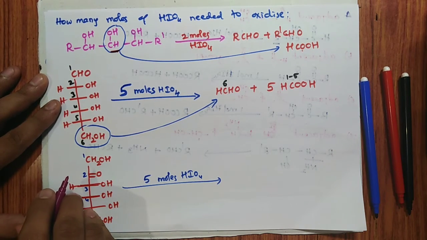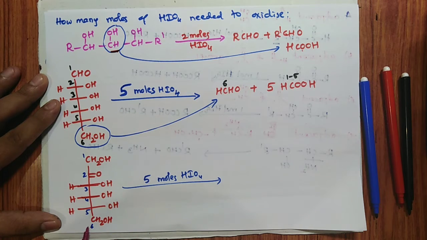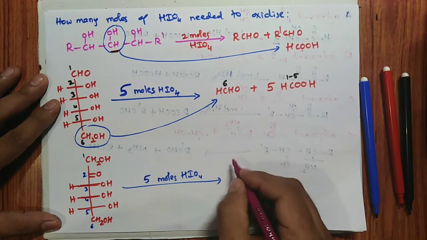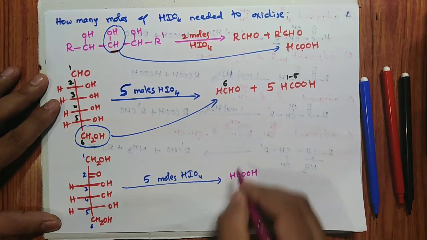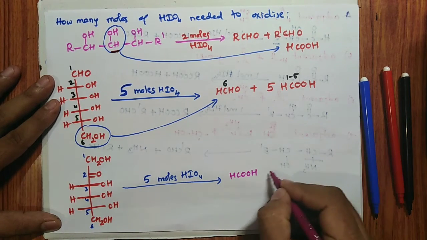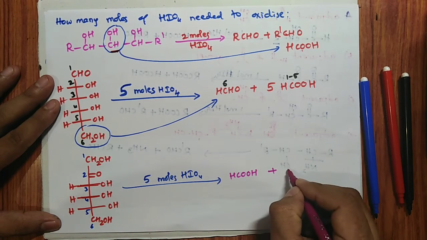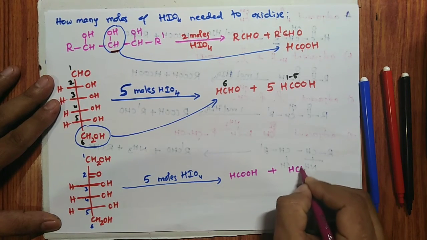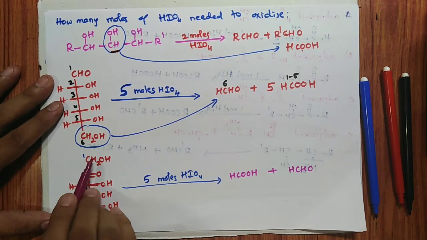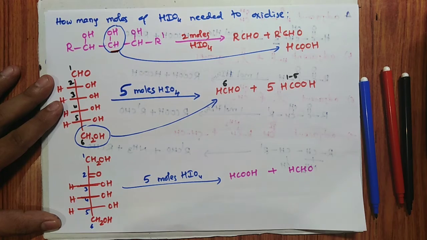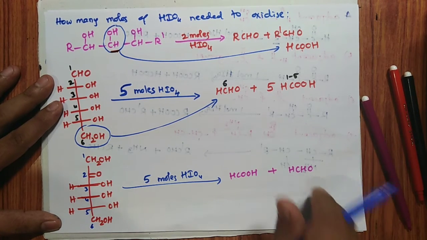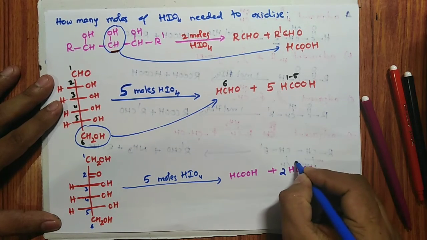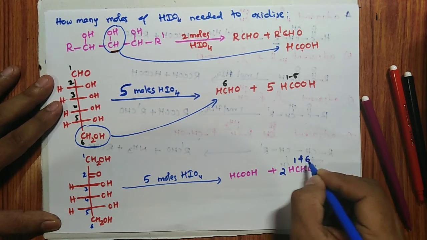There is no doubt in this case, both terminals are aldehyde, and they get converted into HCHO. So 2 moles of HCHO form, from carbon numbers 1 and 6.